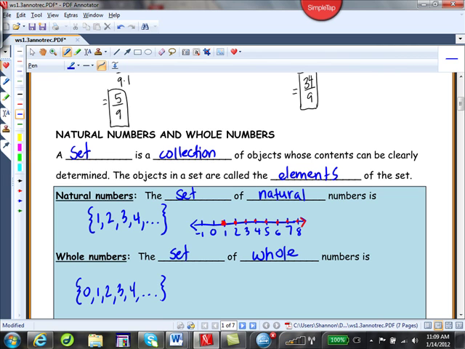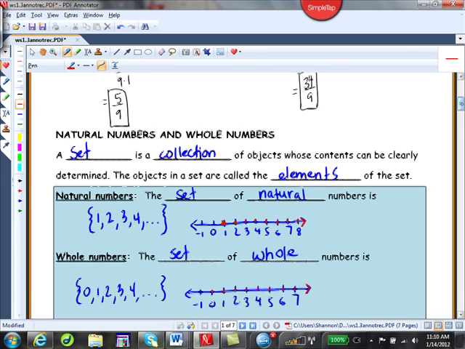That's what the dot, dot, dot means. And then again, making our picture, I can start with -1, 0, 1, 2, 3, 5, 6, and 7. So now we're going to be starting at 0 this time. Notice that none of the fractions or decimals in between each of these numbers is included.